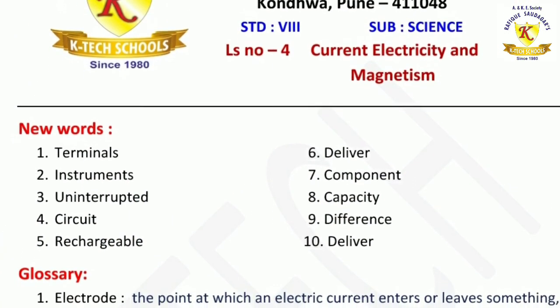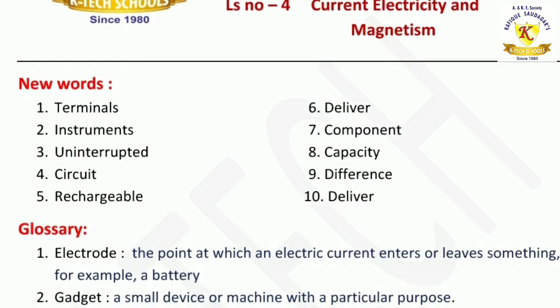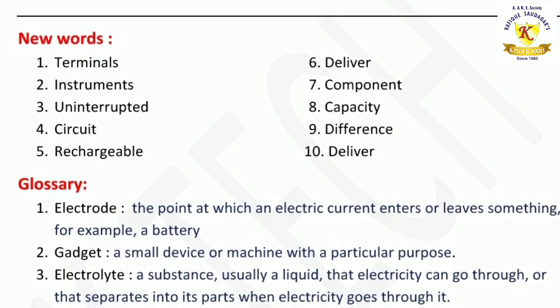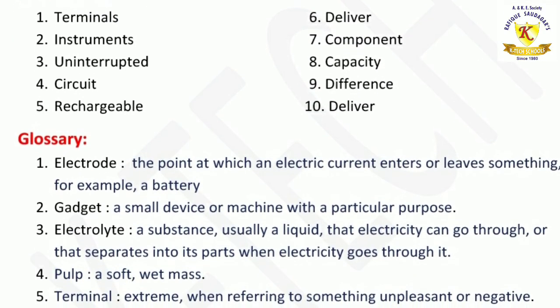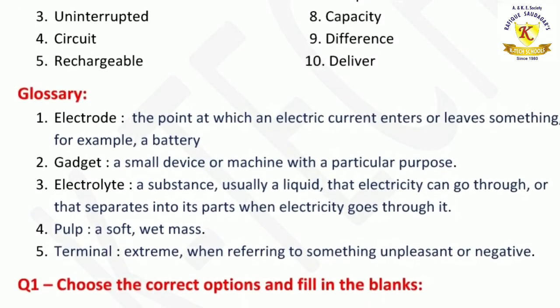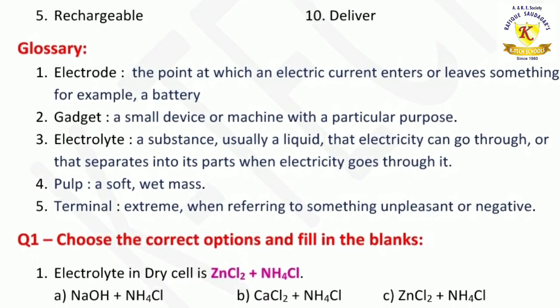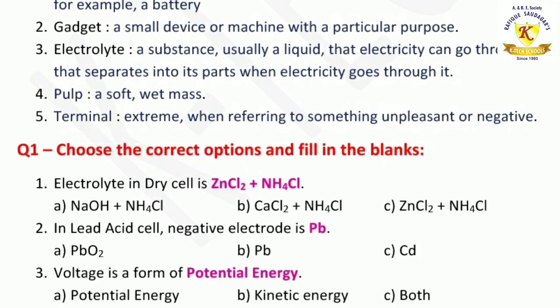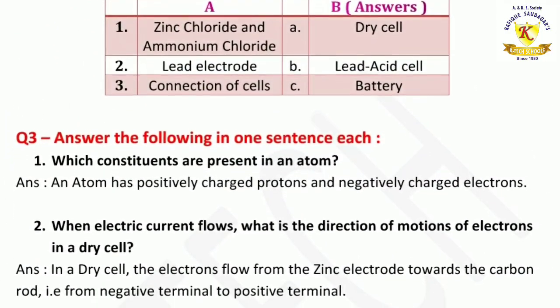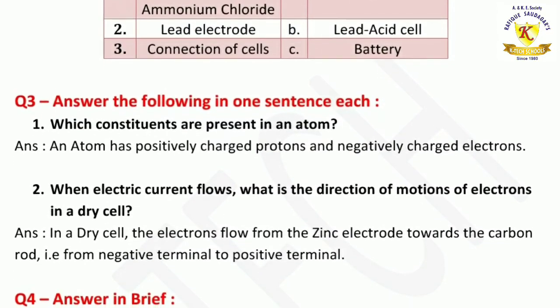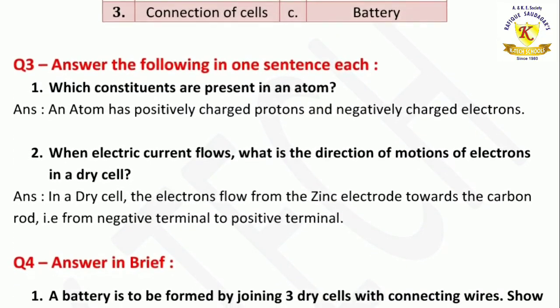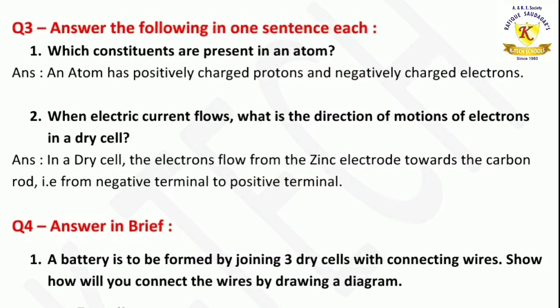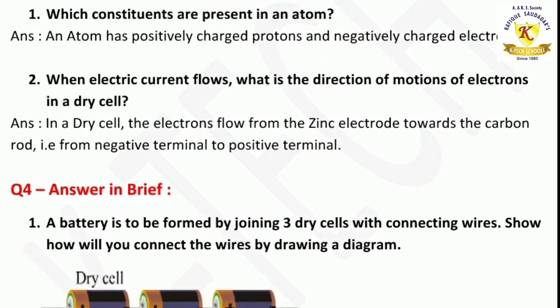As we know, we all write first the new words followed by the glossary, the scientific meanings of the words. Question number 1. Choose the correct option and fill in the blanks. Question number 2. Match the following followed by answer in one sentence each. Then we have question number 4.